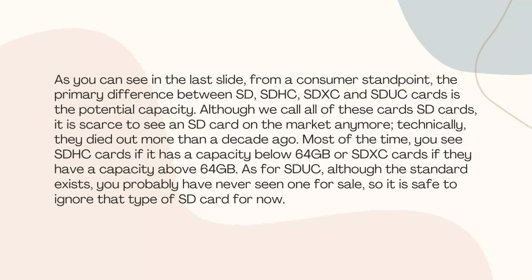Technically, they died out more than a decade ago. Most of the time, you see SDHC cards if it has a capacity below 64 gigabytes, or SDXC cards if they have a capacity above 64 gigabytes. As for SDUC, although the standard exists, you probably have never seen one for sale, so it's safe to ignore that type of SD card for now.